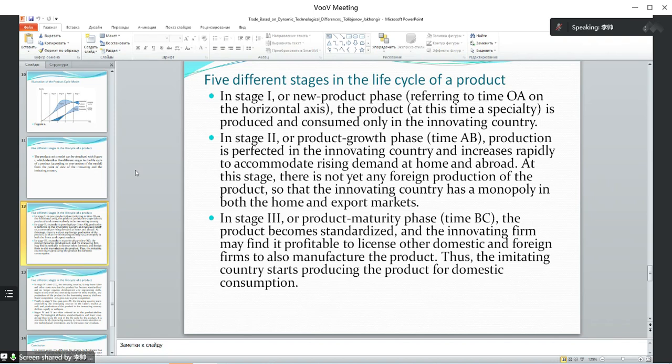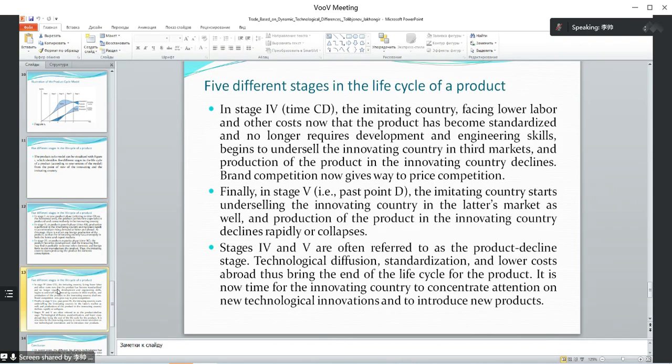Stage 3 is also called the product maturity phase. The product becomes standardized, and the innovating firm may find it profitable to license other domestic and foreign firms to also manufacture the product. Thus, the imitating country starts producing the product for domestic consumption.